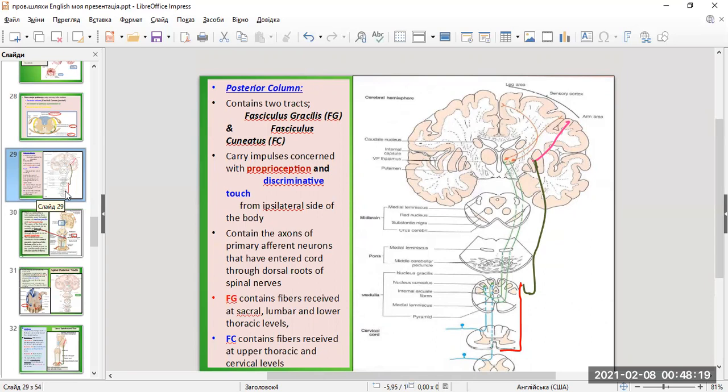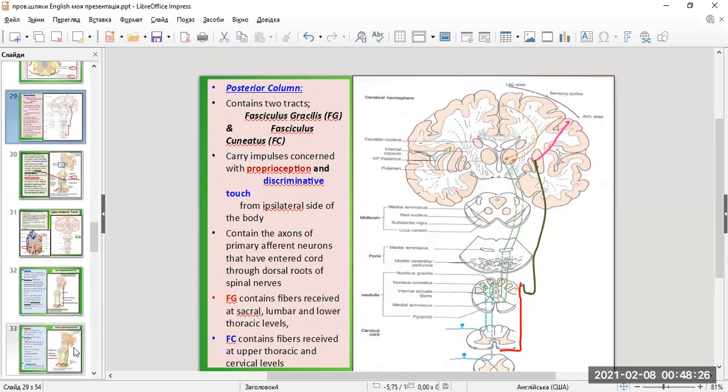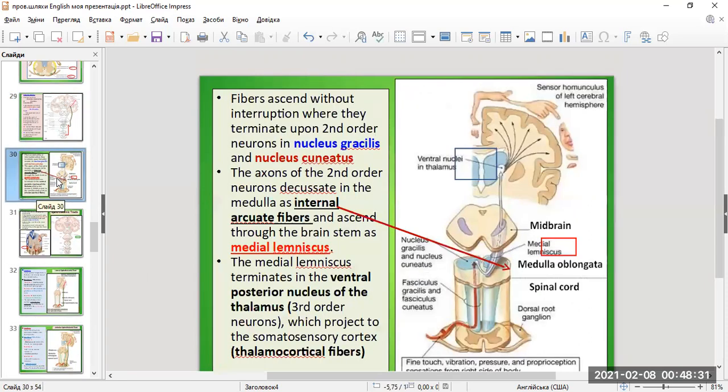Fasciculus cuneatus contains fibers received at upper thoracic and cervical levels. Fibers ascend without interruption and terminate upon second-order neurons in nucleus gracilis and nucleus cuneatus.